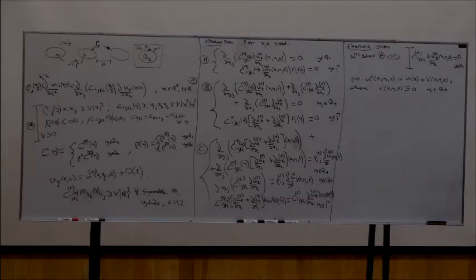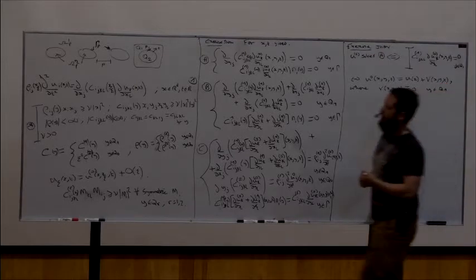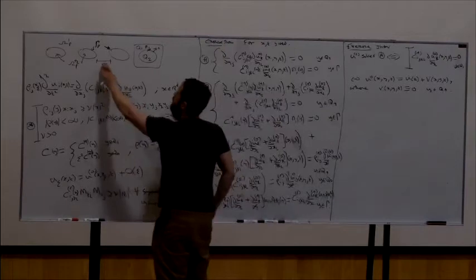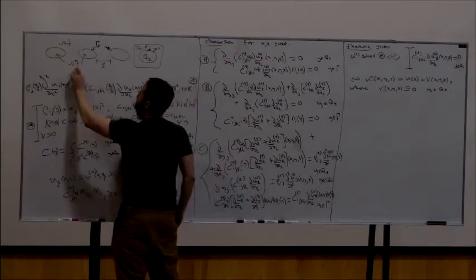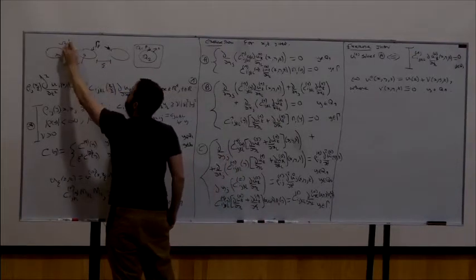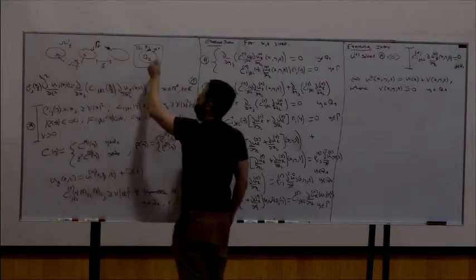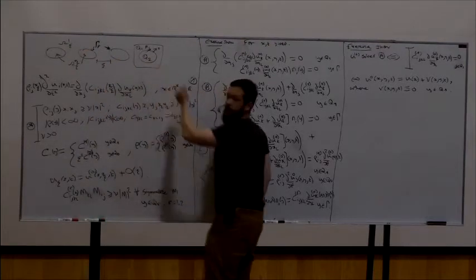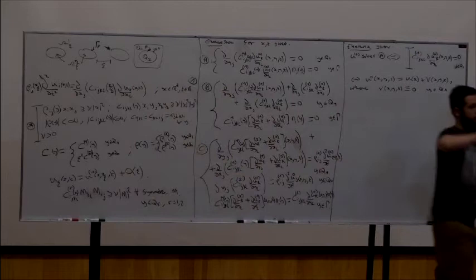So the function is constant inside the stiff phase because it's a connected set. So you can just assume that the function is constant everywhere plus some arbitrary function inside the inclusion. And this function inside the inclusion still depends on the variable y, our microscopic variable. This variable tells you where you are with respect to the periodic reference cell, so where you are with respect to the microstructure.